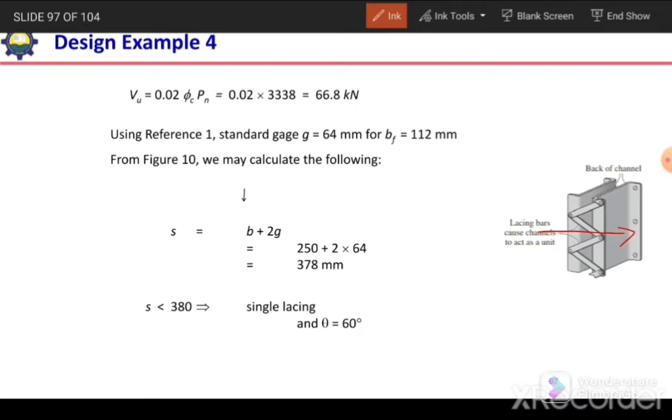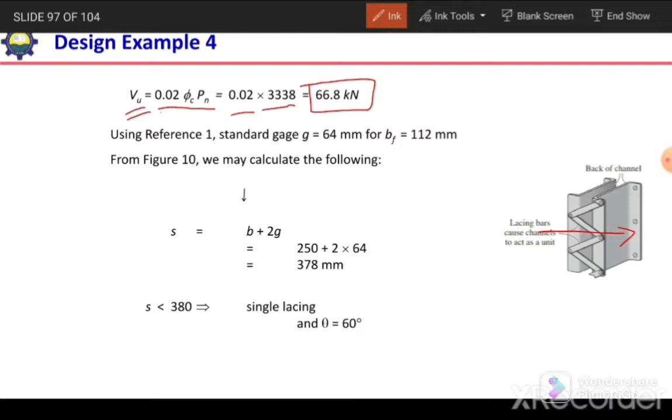This shear force is given by 2% of the axial load capacity of the section. So 0.02 times 3338 comes out to be 66.8 kilonewton. So this much shear must be resisted by the lacing elements.